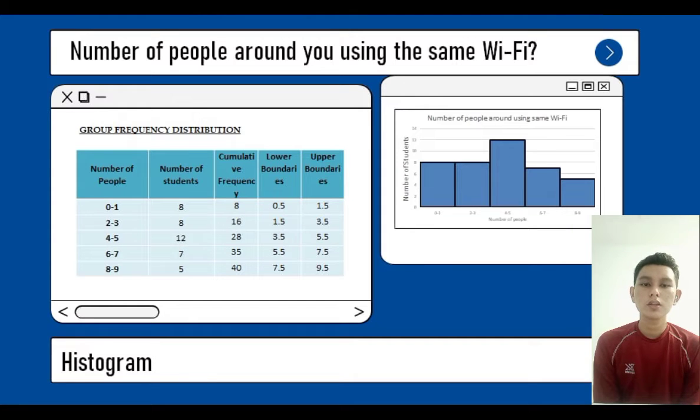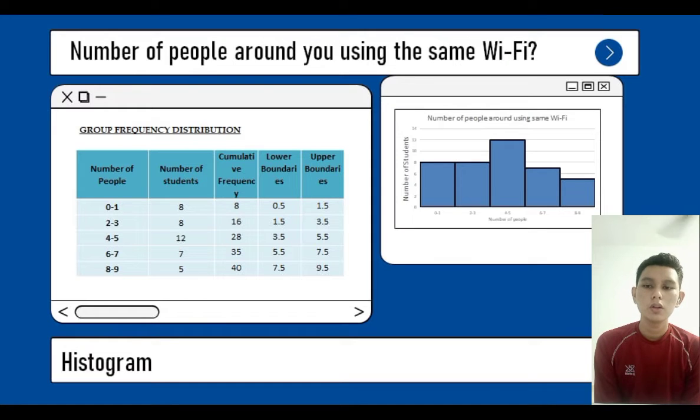The next presentation is histogram. This histogram shows the number of people around the student using the same Wi-Fi. Based on the histogram, we use the number of people for the x-axis and number of students for the y-axis, and we got the highest number of respondents, 12, at 4 to 5 people around the student.